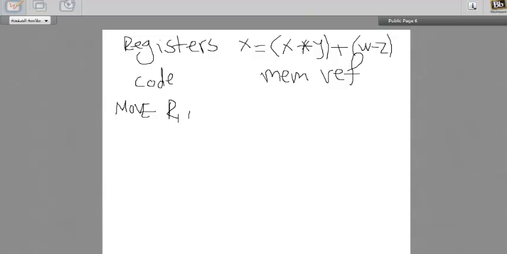Now see what has happened. R1 is already inside the CPU, it's not in the memory, so we do not need a memory reference for this. We only need one memory reference, for the x. So here we have one.